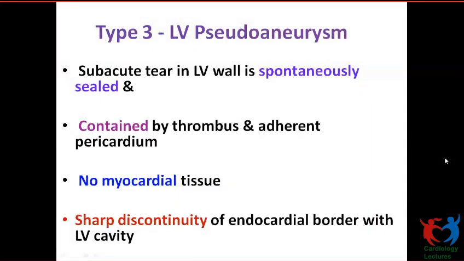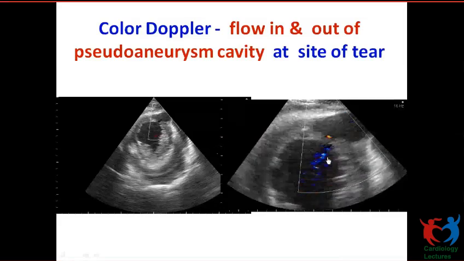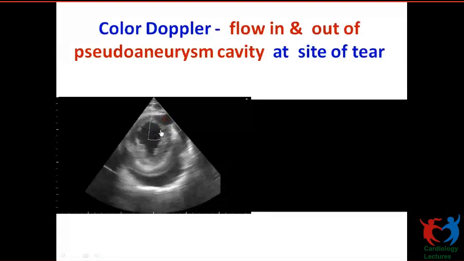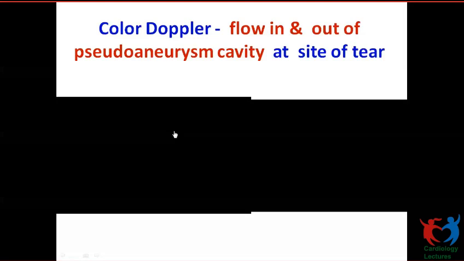So this is type 3. Effusion is also there, ma'am. This is a pseudoaneurysm. You can see some pericardial effusion. So the aneurysm is also leaking into the pericardial cavity. See, it is contained by the pericardium.